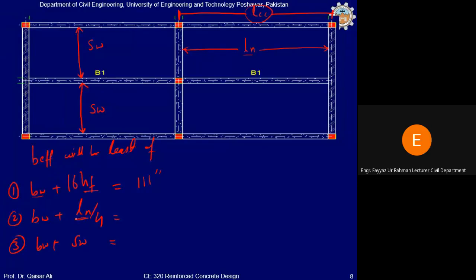Sir, 87. 87 inches. Because ln is in feet, so you have to multiply ln with 12 inches. Clear? And 24 divided by 4, which is 6 feet, 6 multiplied by 12, 72 plus 15, it is 87 inches. इसी तरीके से यहाँ पर भी, remember units shall be always consistent.